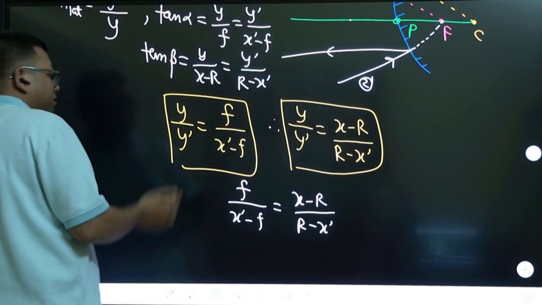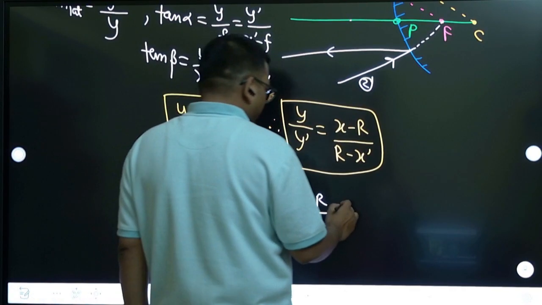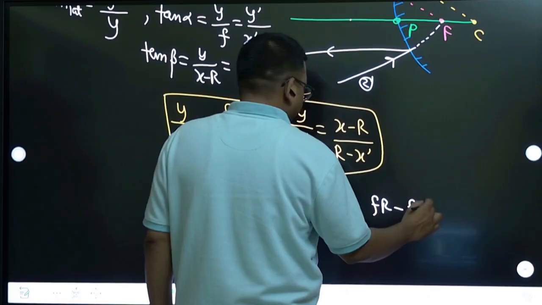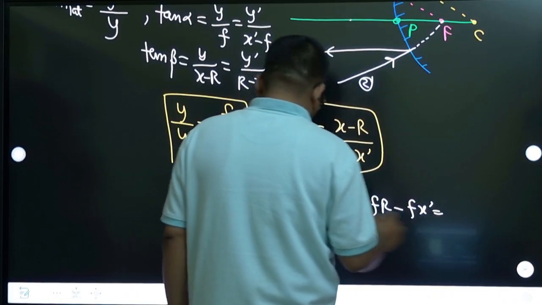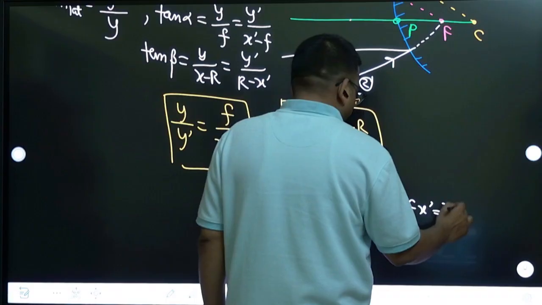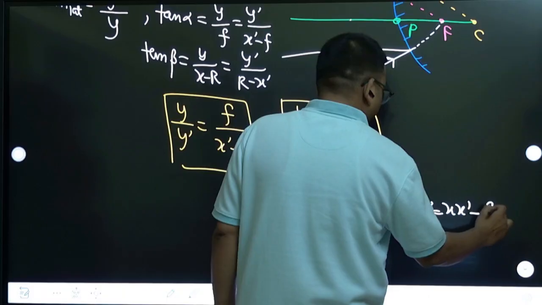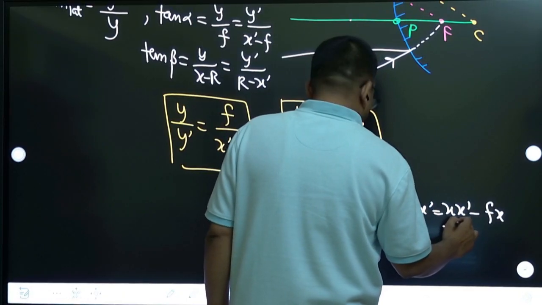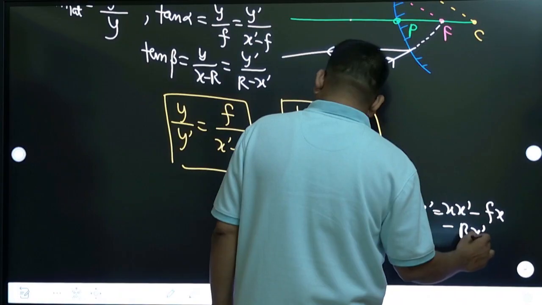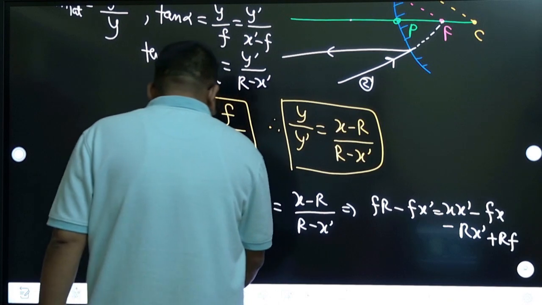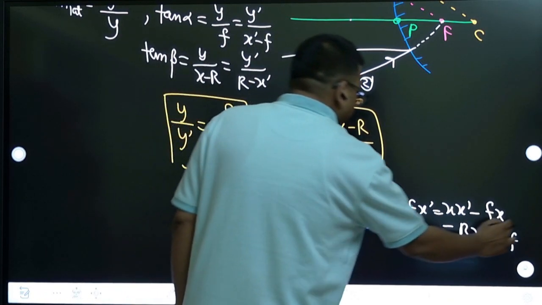Let us cross multiply and open it. So f into r minus f x dash is equal to x dash minus f into x minus r, which gives x dash x minus r x dash minus f x plus r f. So the fr terms will get cancelled here.